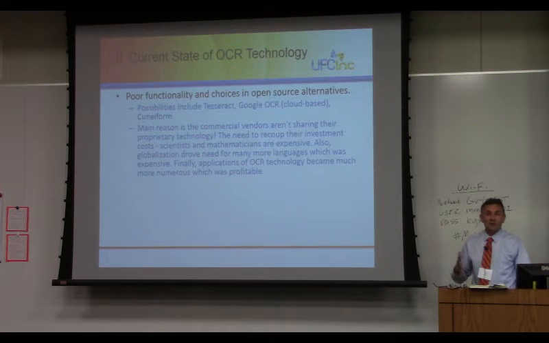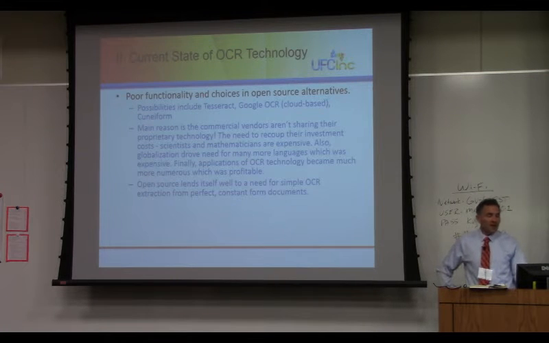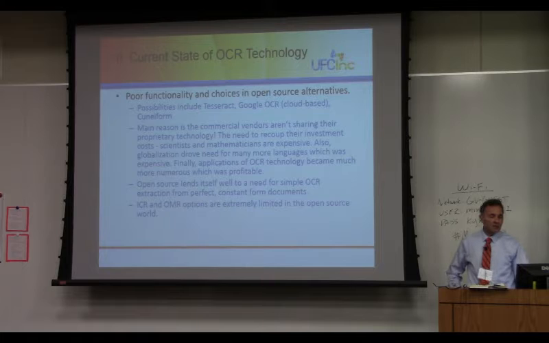And then they also find out they need Japanese, Chinese, simplified, all the different versions of Chinese, Mandarin, and they had huge investments for that. So they're trying to recoup their costs. And I mentioned before, open source really works well for narrow, specific projects on a clearly defined document. You don't have a lot of options also in open source for handwriting recognition or optical mark recognition.